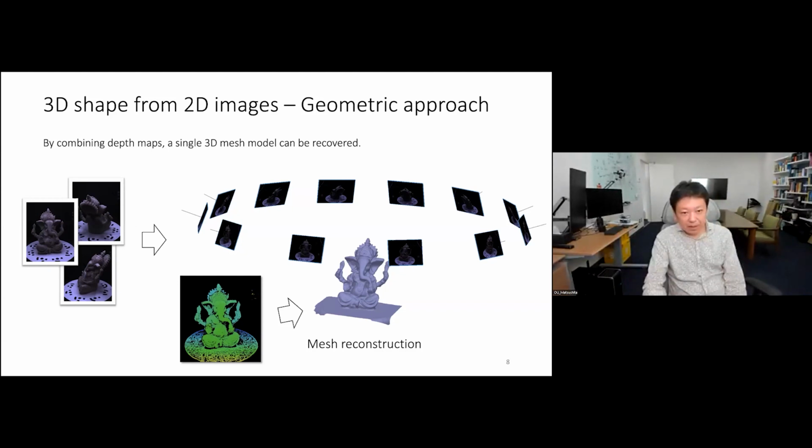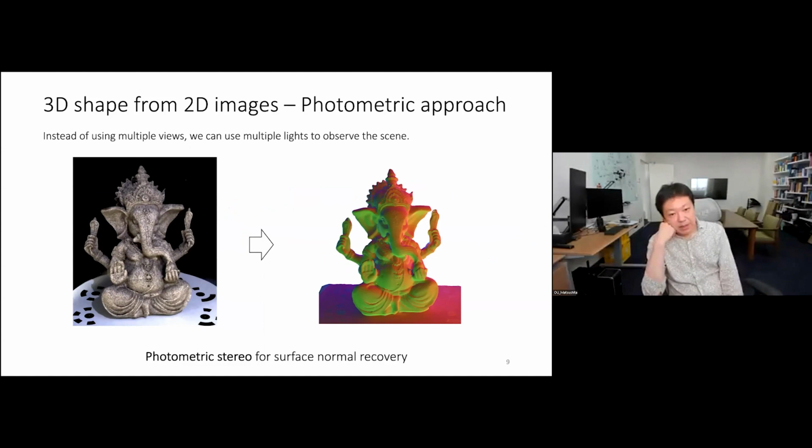Okay. So now we looked at the 3D shape recovery method that takes images from different viewpoints. Another possible approach to 3D shape recovery is to use a set of images captured under different lighting conditions, but from a fixed viewpoint.